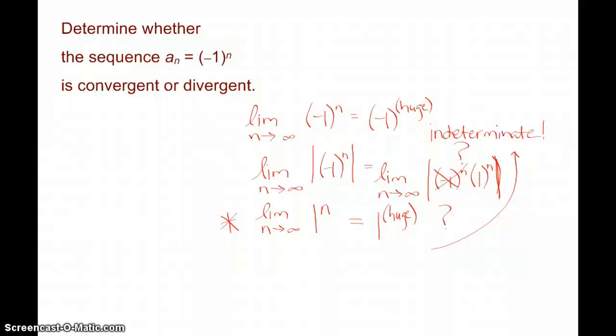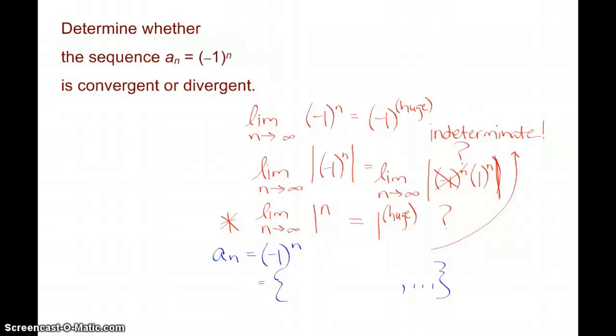Well, one thing that we can do is we can try to generate some terms in this sequence and get an idea of what might be happening. Because if we can come up with an idea of what might be happening for large input values of n, then we can get an idea about convergence or divergence. So let's generate, starting with n equal 1, the first few terms in this sequence.